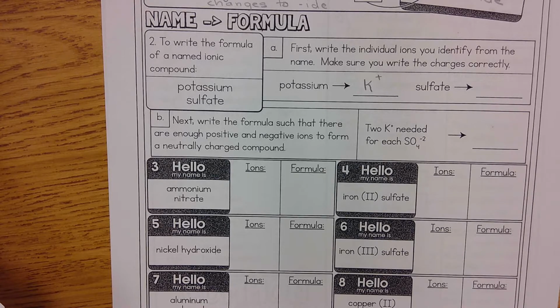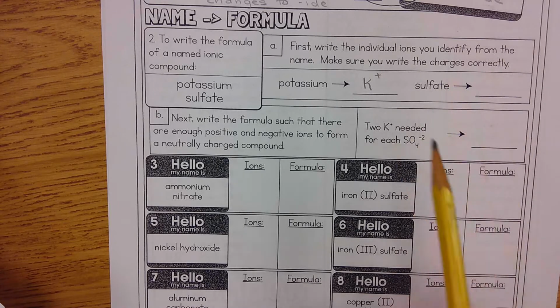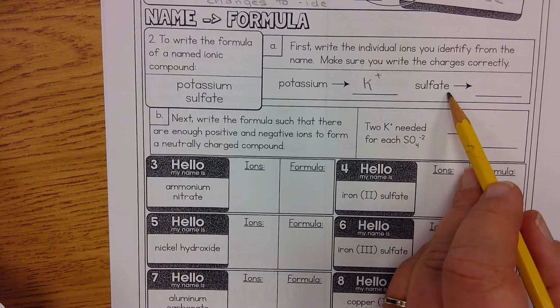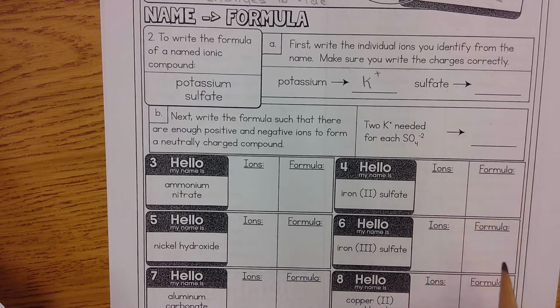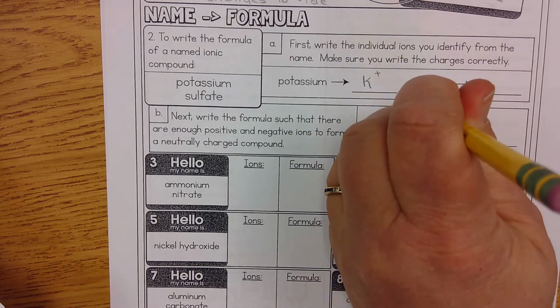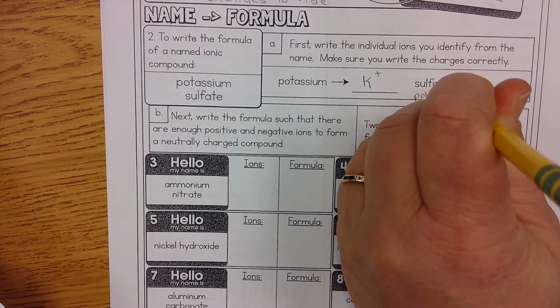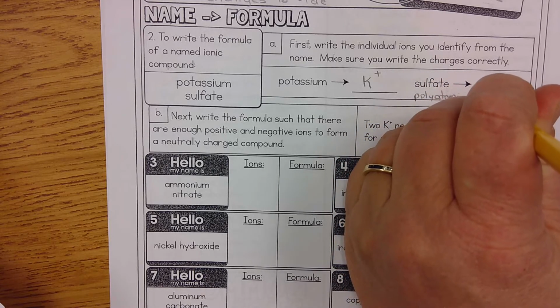You look at the periodic table, it's in that first group, first column, so it has a +1 charge. Now, sulfate, remember I said up here these all end in IDE. Sulfate is a little bit different. That means this is what is called a polyatomic ion.